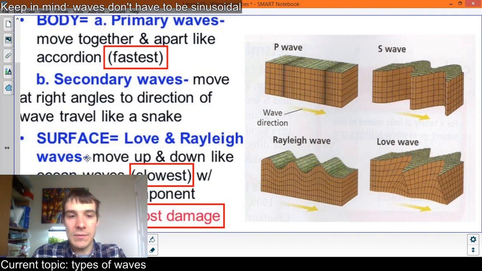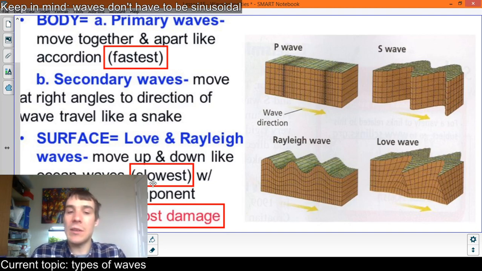And then the surface waves, Love and Rayleigh waves, are that rolling motion, or you can have a twisting motion. So the particles are moving in a twist kind of direction. These cause the most damage because of that twist. You don't want to twist stuff like buildings and highways and bridges and stuff like that. Those are the ones that make the most earthquake damage.